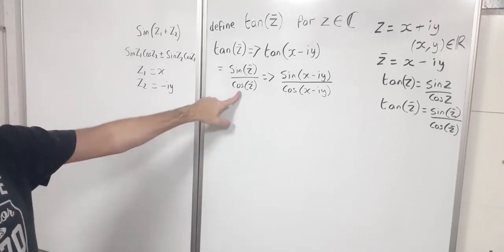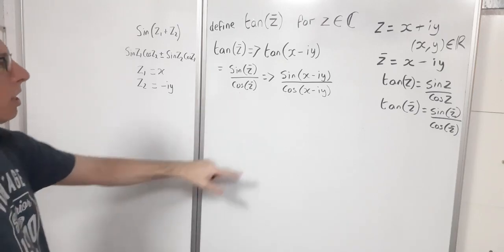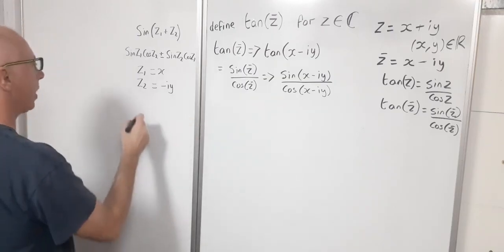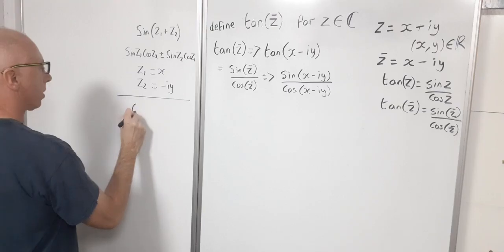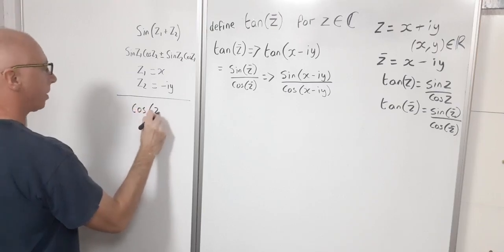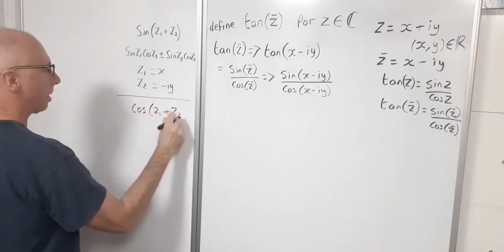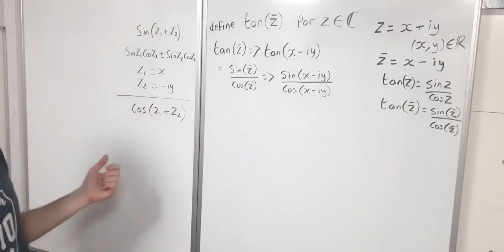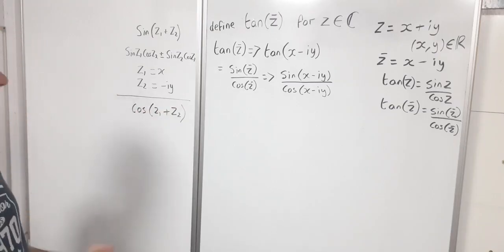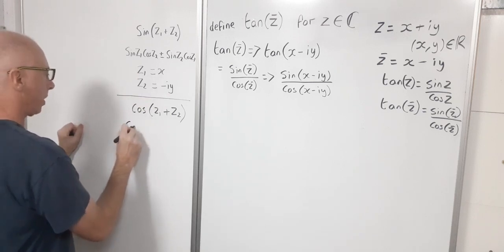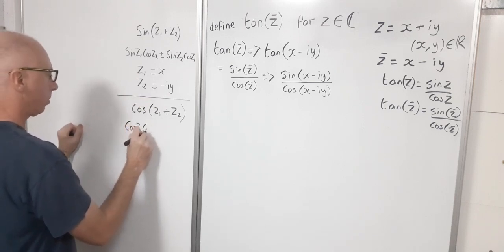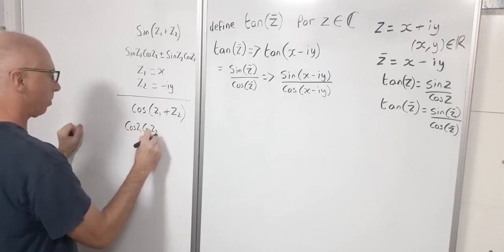Now let's have a look at the cosine sum rule. So we've got cosine of x minus iy. Again, let's define that for z1 and z2. So I've got cosine of z1 plus or minus z2. Okay, this one's slightly different, but it goes along the same kind of theme. Now we've got cosine of z1 cosine of z2.